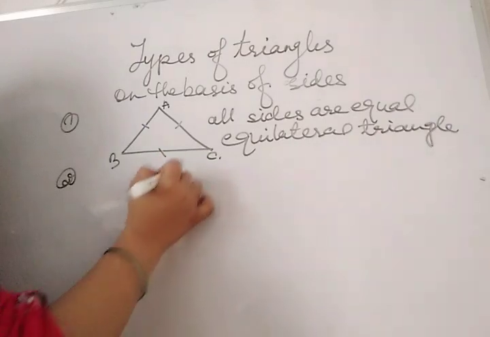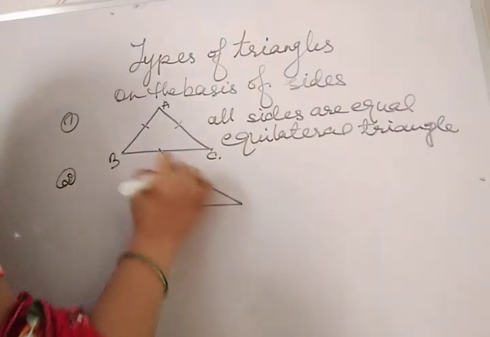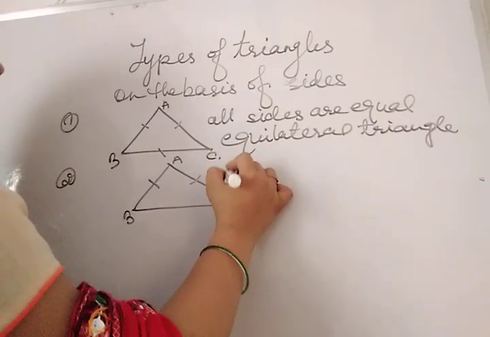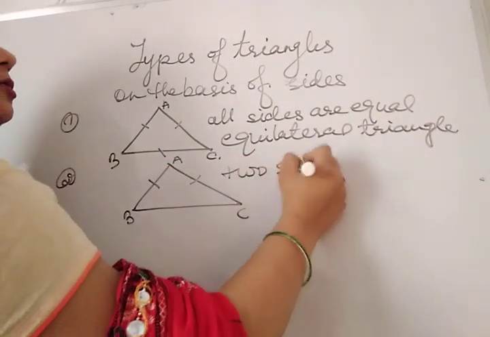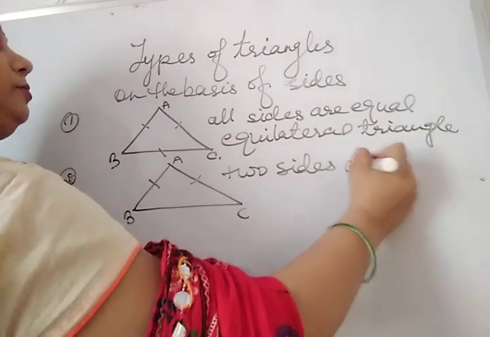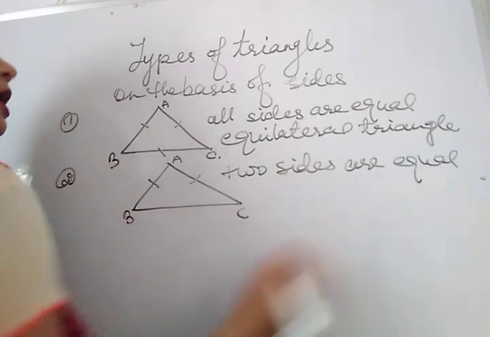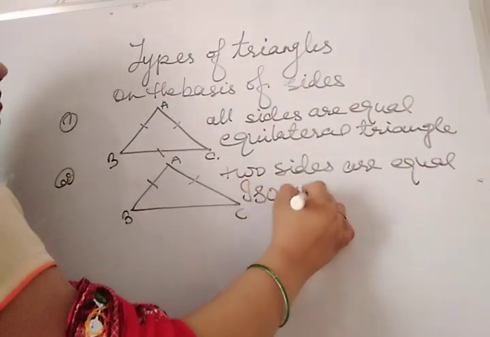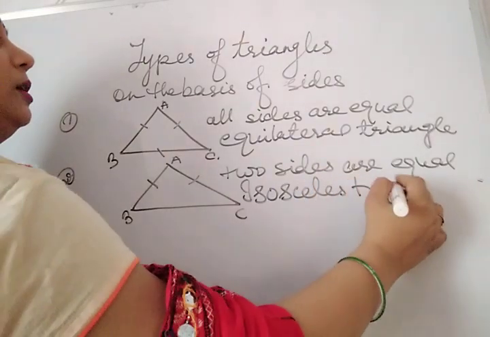If two sides of a triangle are equal, then the triangle is said to be an isosceles triangle.